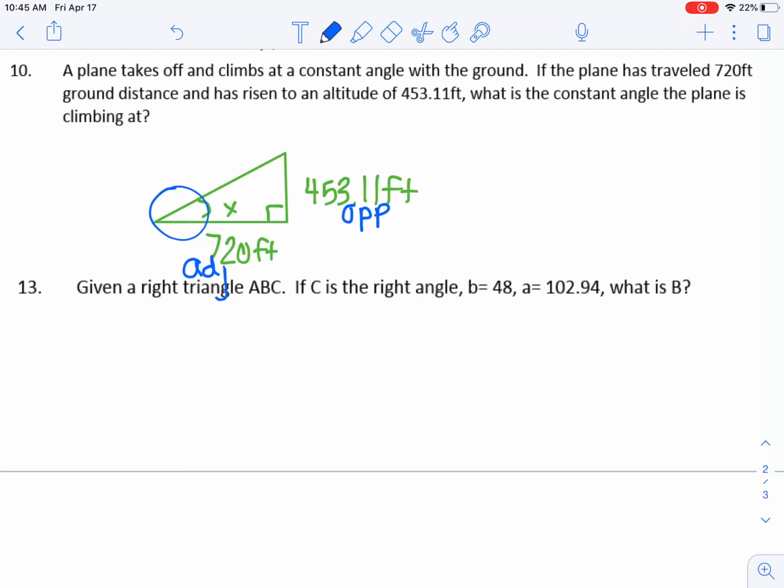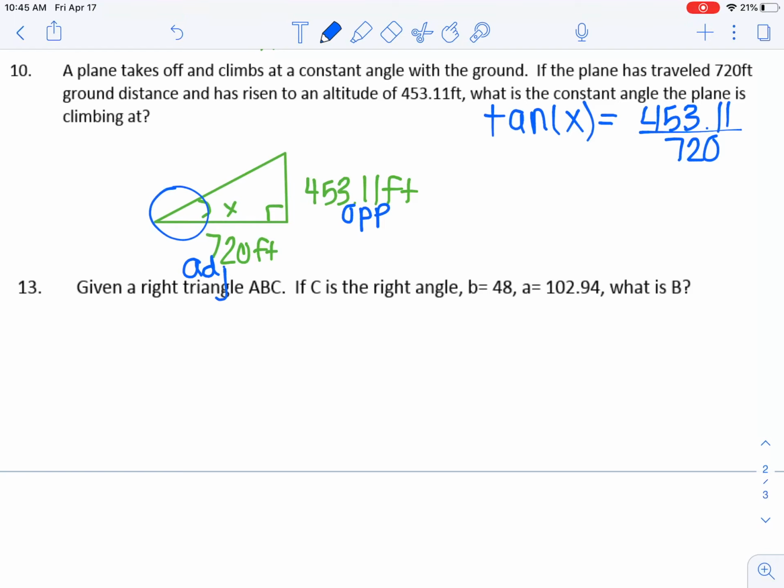If we're working with opposite and adjacent, we would want to use tangent. I'm going to call my angle x, so I can say tangent of x equals 453.11 over 720.